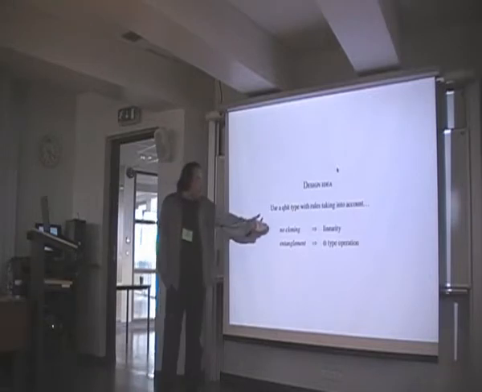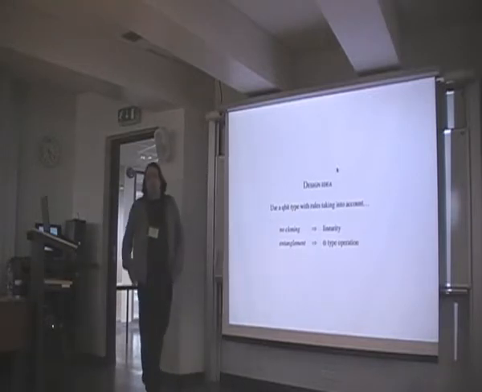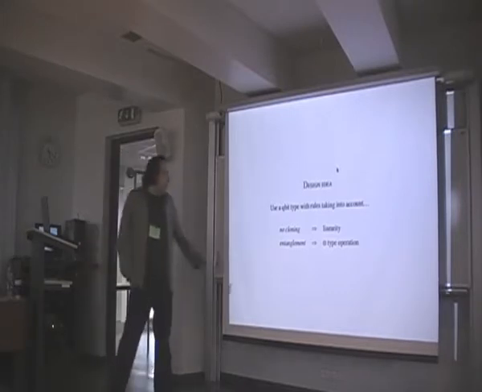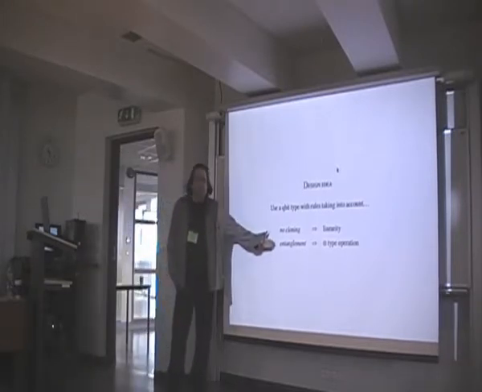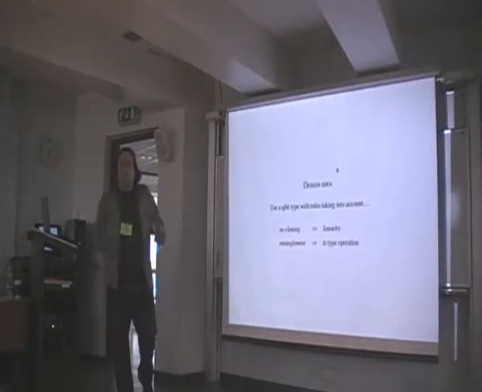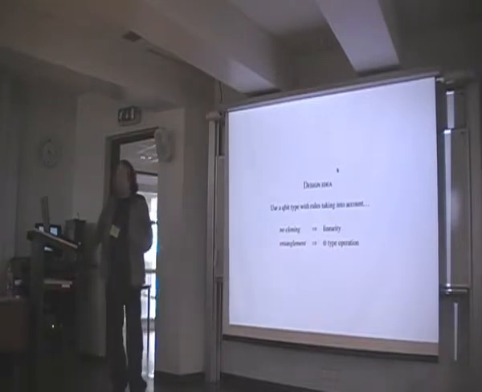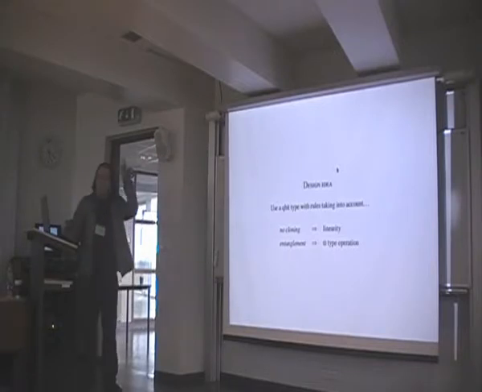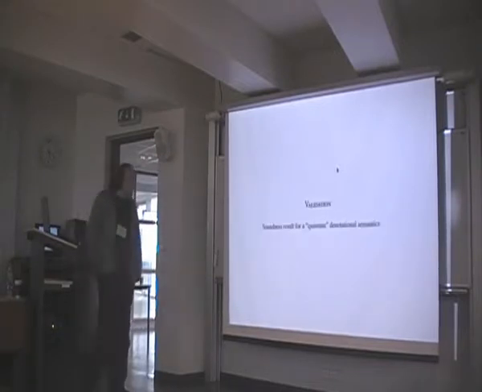If we want to take into account no cloning, we want the qubits to be used linearly, so we cannot duplicate them. And if we want the language to be able to take into account entangled qubits, we need a special type operation, a tensor type operation, which is different from the classical product operation. So that's the basic line of thought we have.